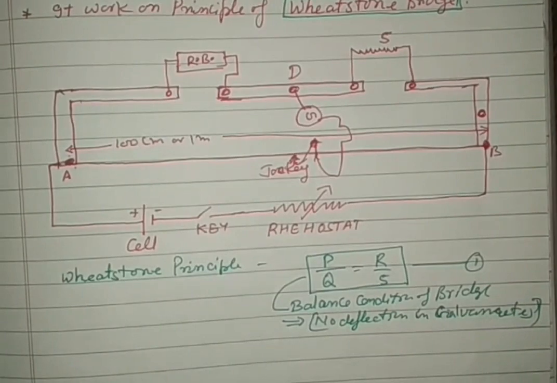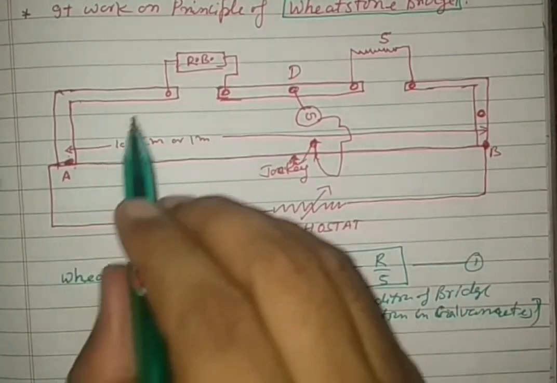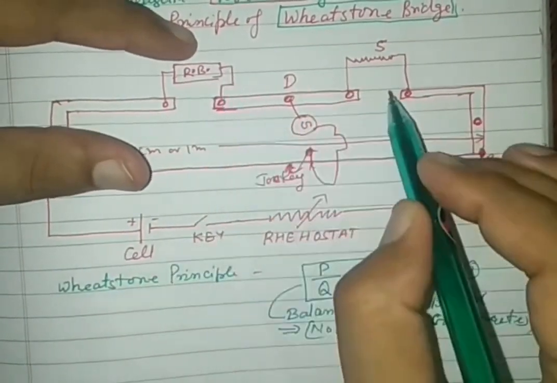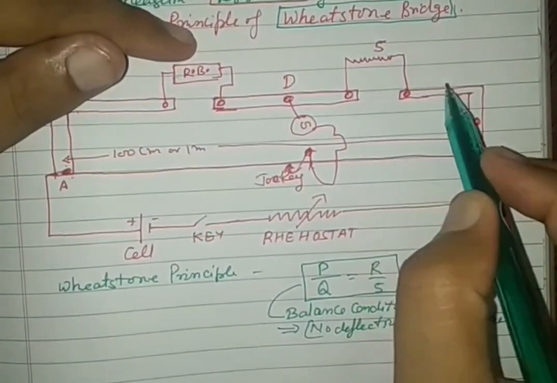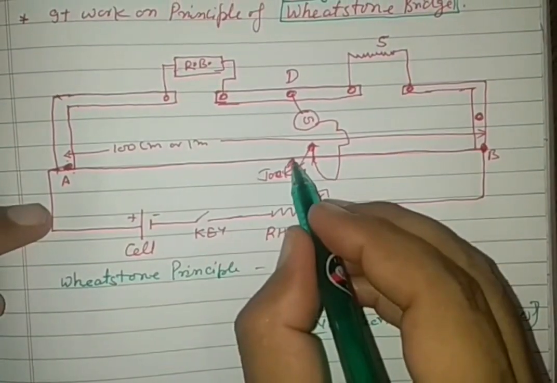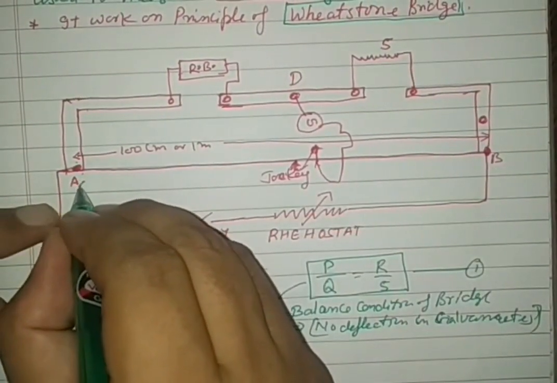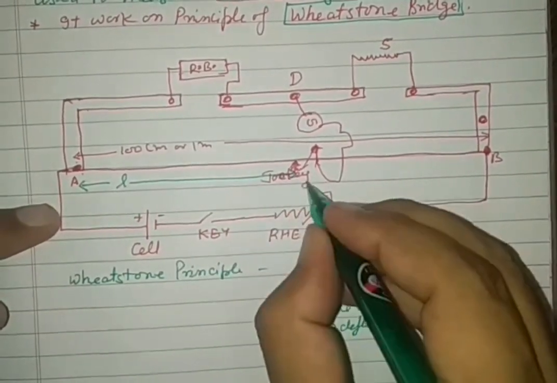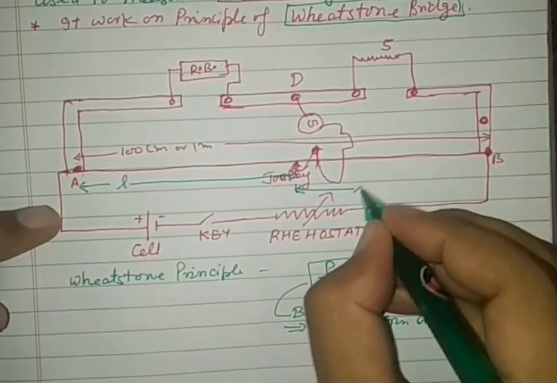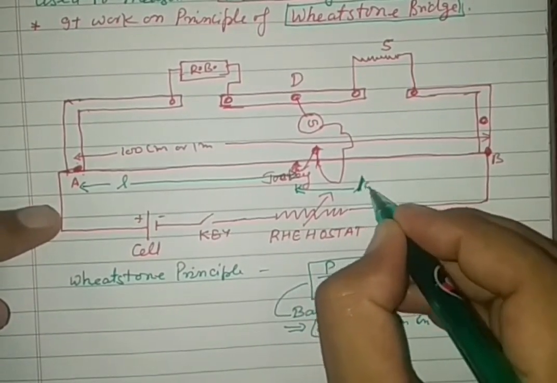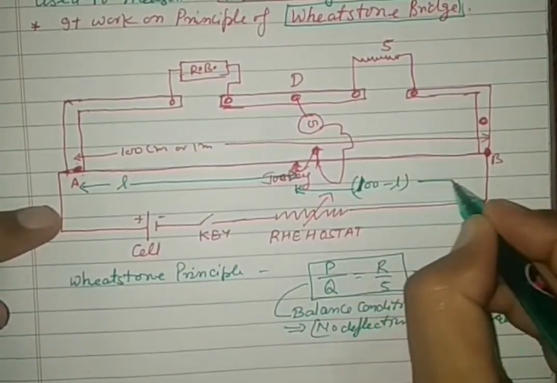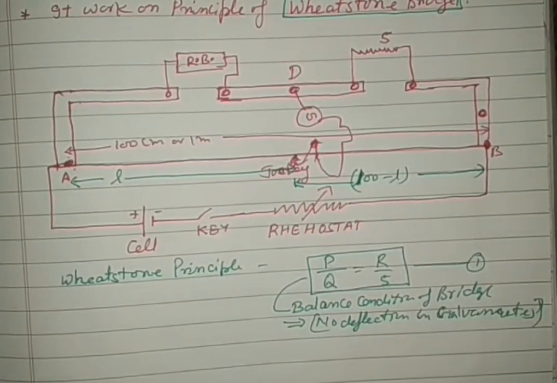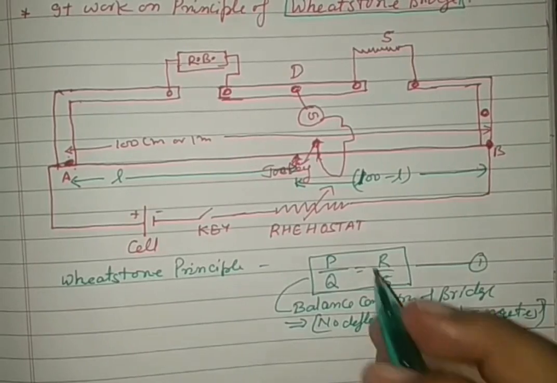Now see, compare with these four resistances. Here one resistance is in the resistance box. The second is the shunt. Here, if we touch the jockey here, let it be at L length from here. Since the total is 100 centimeter, it is 100 minus L on the second side. Now hold the situation very carefully here.